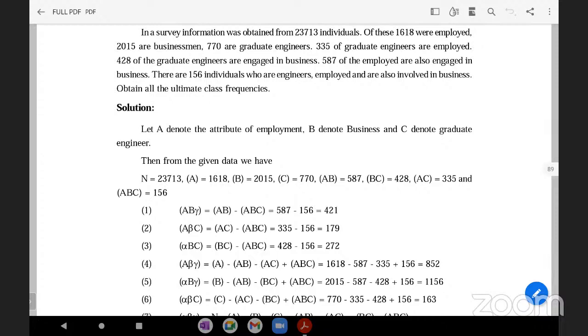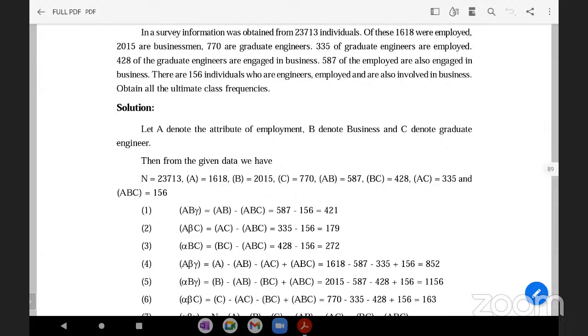What is the AB gamma formula? Clearly AB minus ABC, so AB equal to 587 minus ABC equal to 156, so it is equal to 421.